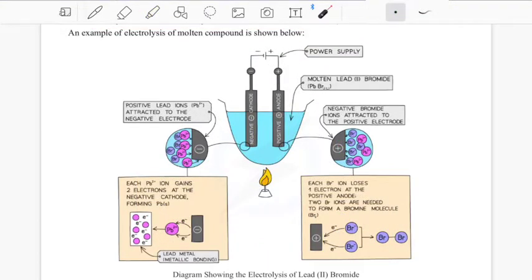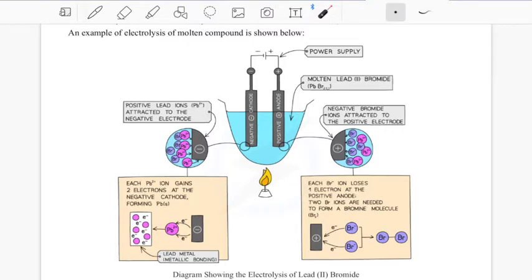Here is a diagram showing the electrolysis of molten lead(II) bromide to extract lead metal. This is a simple case for electrolysis because the electrolyte here is in molten state. That means it only has two kinds of ions in it: the cation, which is Pb2+ here, and the anion, which is Br-.